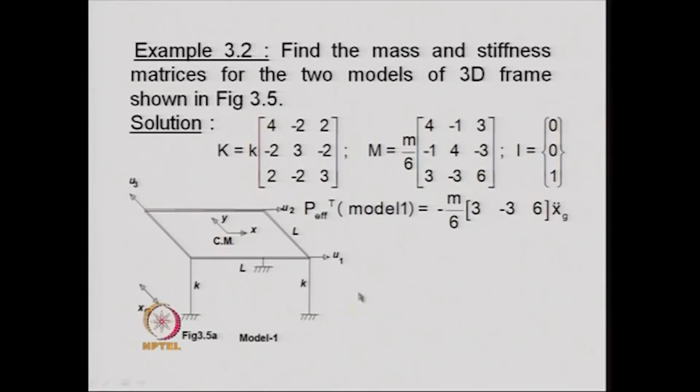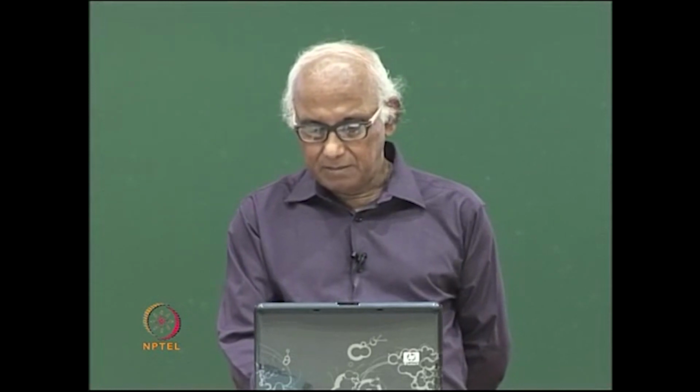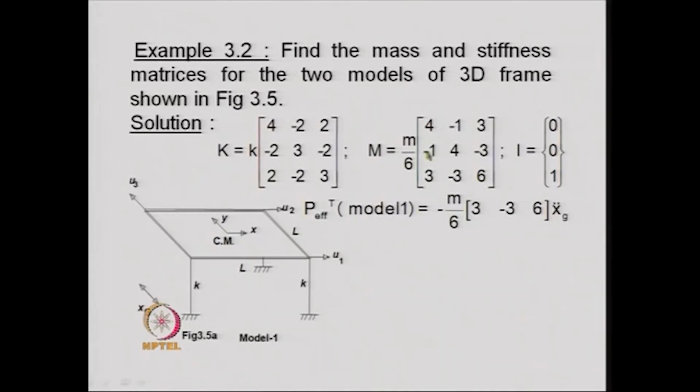However, we will see that in such a situation where the masses are lumped, there is a coupling between the inertia forces corresponding to all the 3 degrees of freedom, or in other words, the mass matrix over here will not be a diagonal mass matrix.